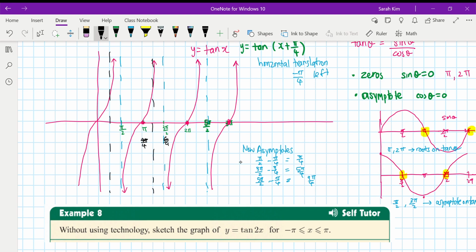So each kind of box is pi over 4 in my scale. It might be a little bit different to your scale, so I know that it's moved that much to the left. So as you can see, they're all constant.